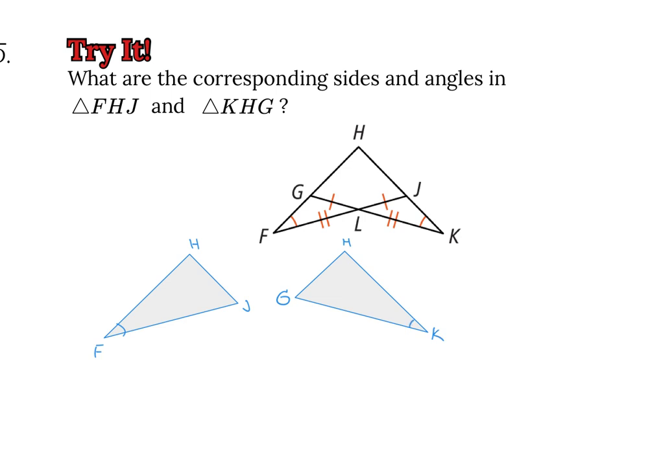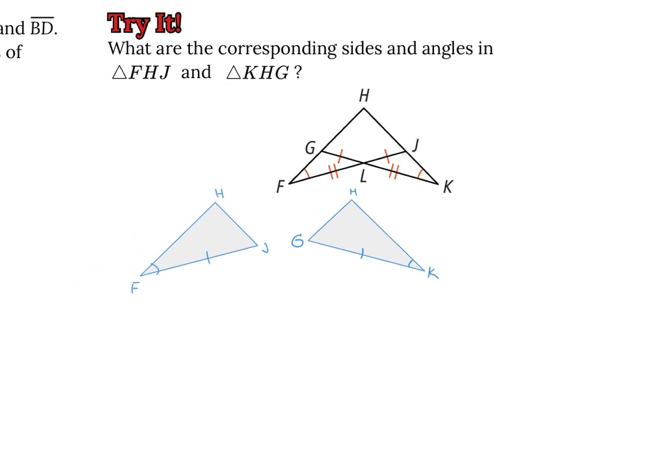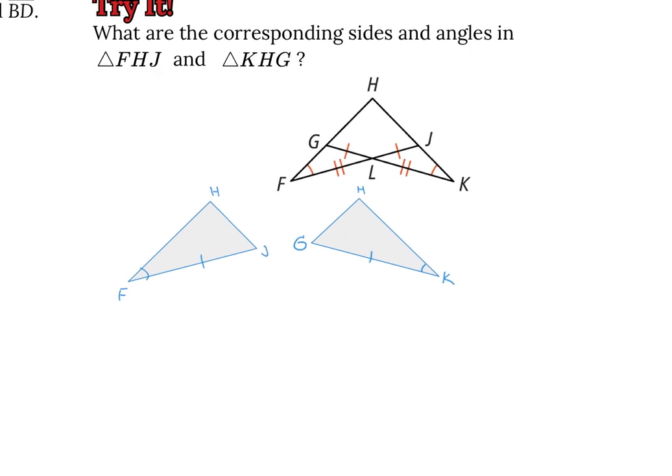And then we know that this side would be congruent to this because they gave us our segments that were congruent. We can use segment addition to add them together, and we would know that those two are congruent to each other. All right, so let's identify corresponding sides and angles. So I know that angle HFJ is congruent to angle HFG.